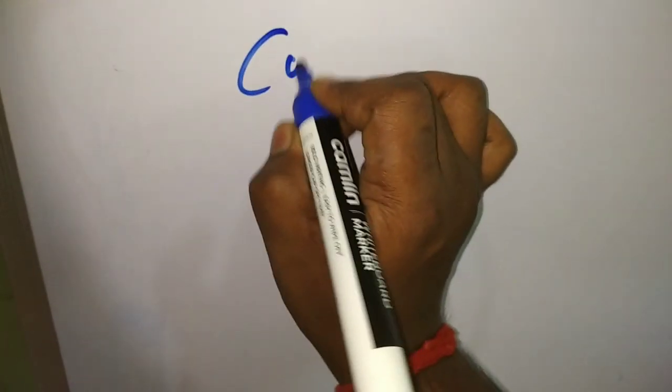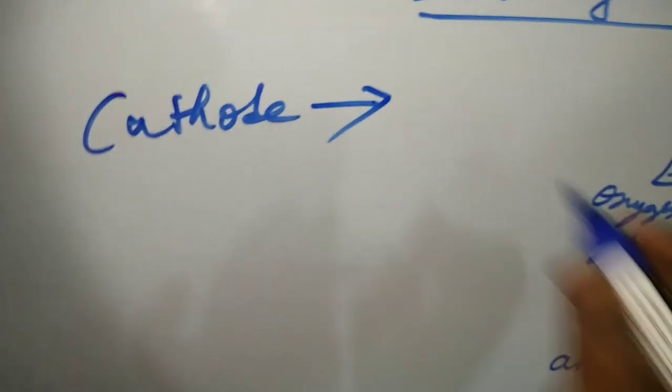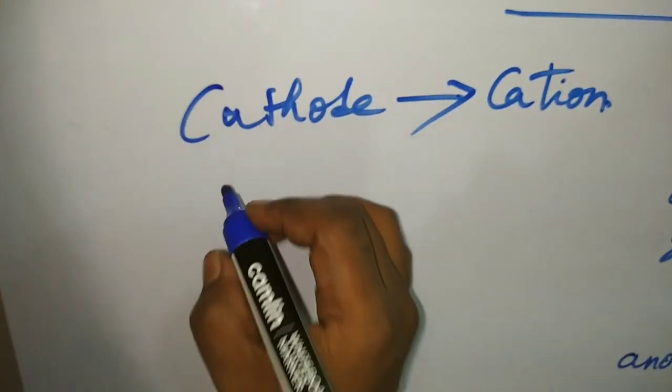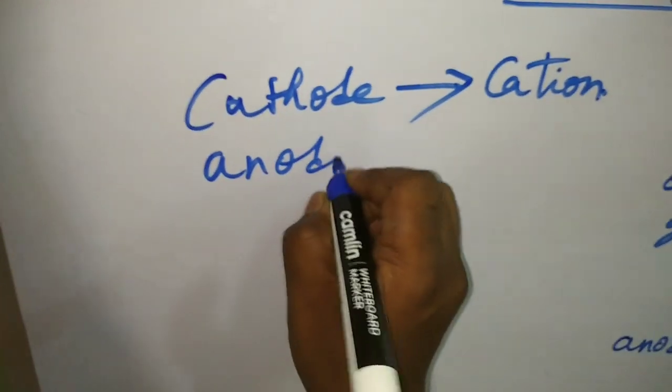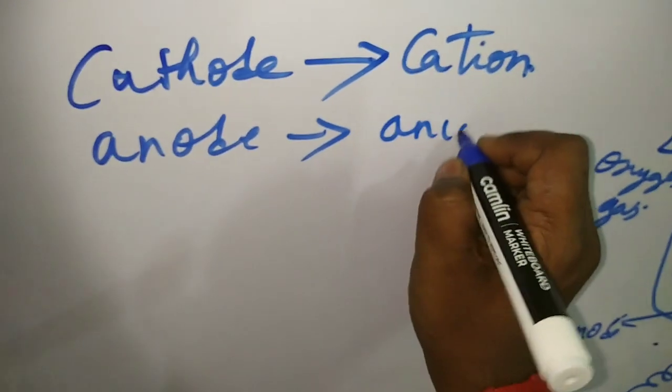Now students, just remember one thing, it is very important, and here students get confused with cathode, anode, cation and anion. See, cathode is associated with cation, anode is associated with anion.